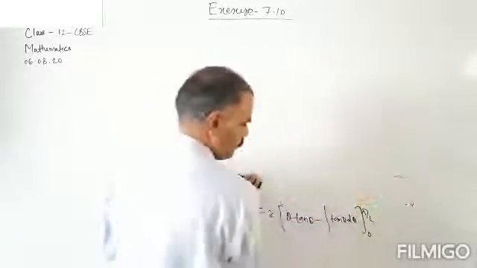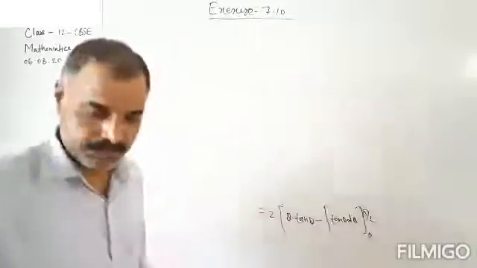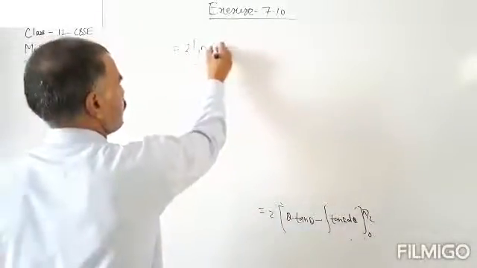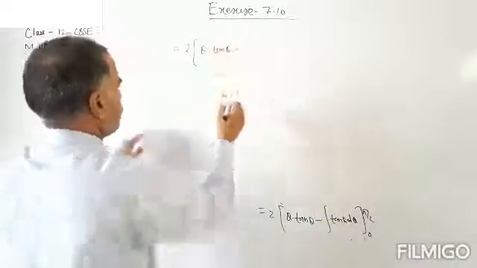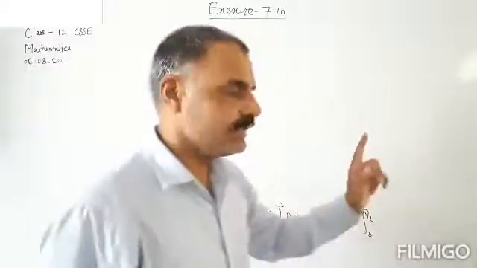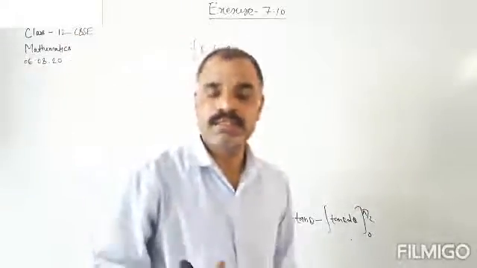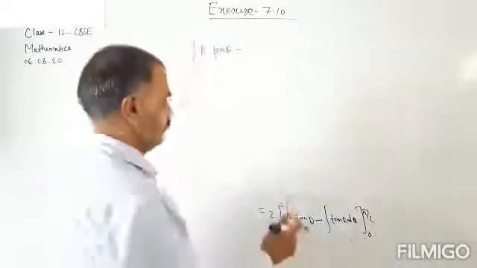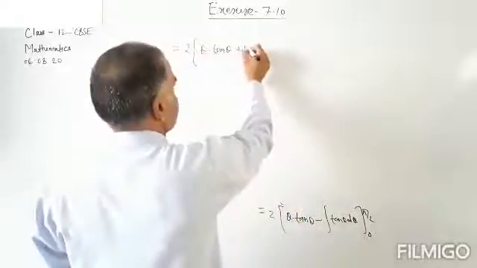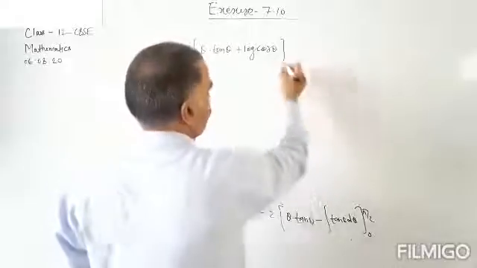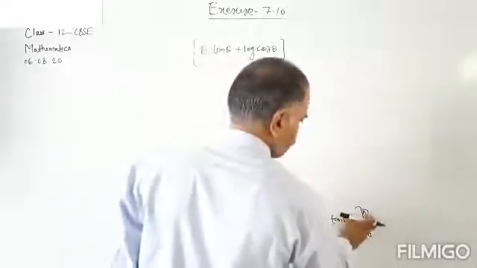The next step equals 2 into theta tan theta minus the integration of tan theta, which is minus log cos theta. Minus log cos theta means plus log cos theta, and the limit varies from 0 to pi by 4 again.